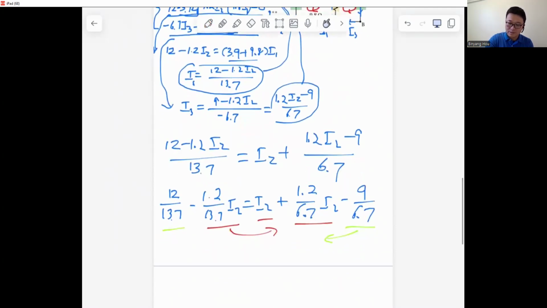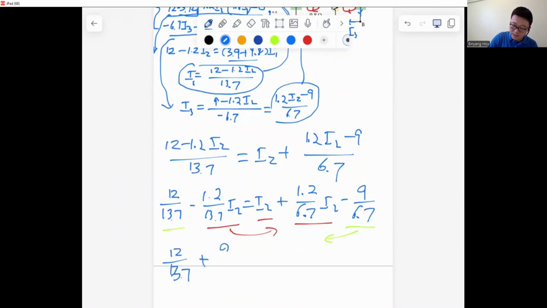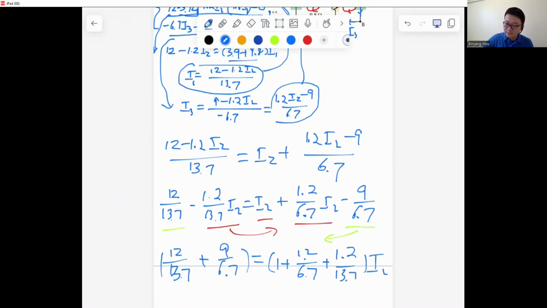So then we have 12 over 13.7 plus 9 over 6.7 equal to the three terms with I2. This is 1 plus 1.2 over 6.7 plus 1.2 over 13.7, times I2.